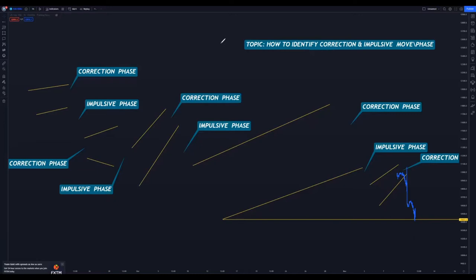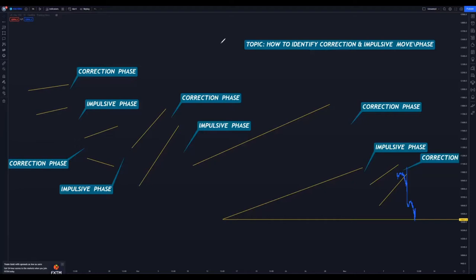Without knowing these two phases, it will be difficult for us to take advantage of the impulsive move that the market gives. This is the first thing that I will tell you about the impulse and also the correction. It doesn't matter which time frame you are using in order for them to be identified. And this is one thing that you have to bear in mind.